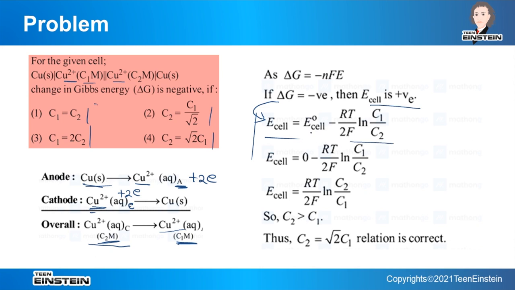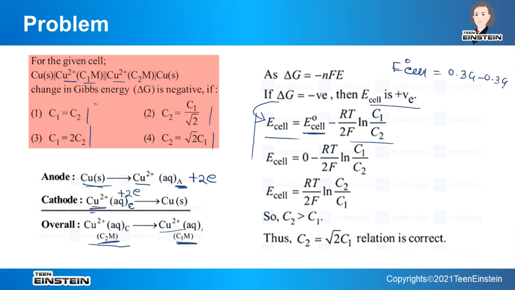So E naught cell we will consider 0, because both are the same system, Cu2+/Cu. In the previous question, what we have seen is the reduction potential for the Cu2+/Cu system is 0.34. So when we calculate, E naught cell is basically 0.34 minus 0.34.